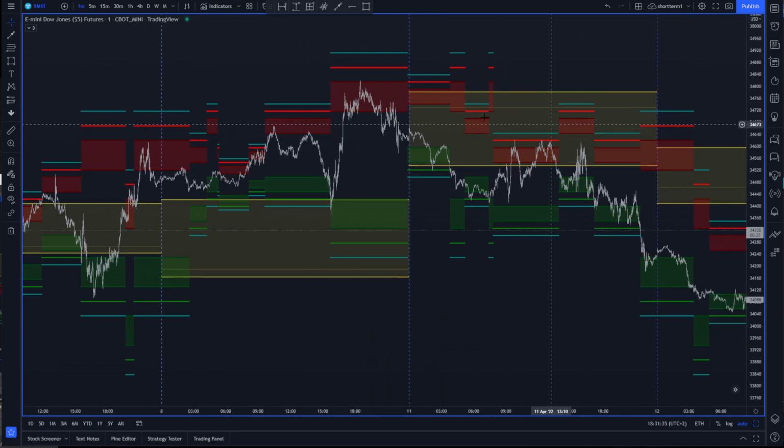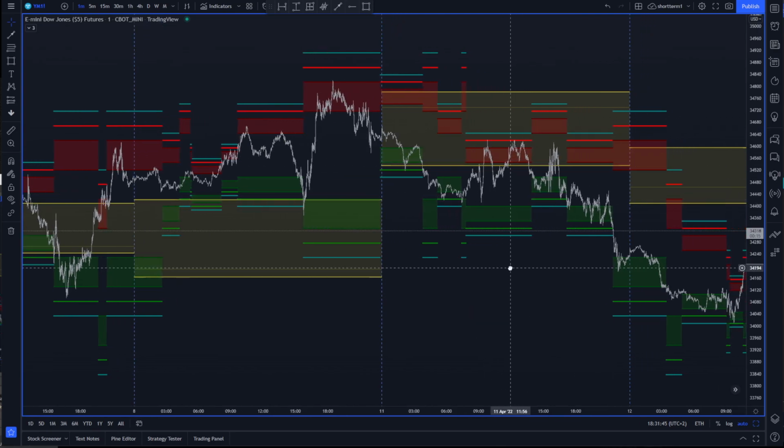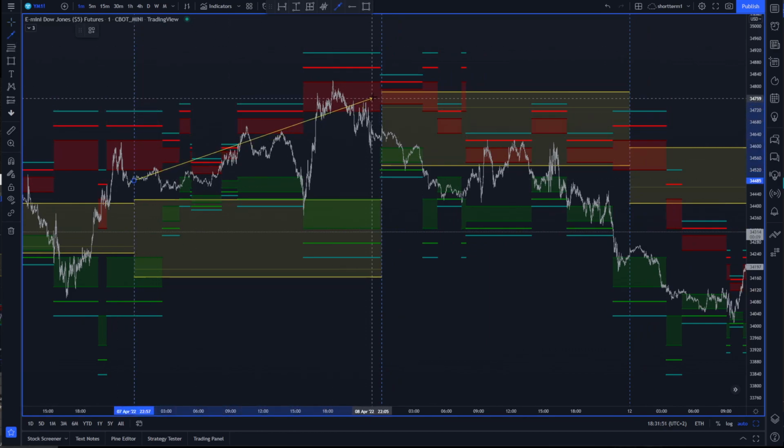This is the same day where the NQ was tough because you were trading against the trend, right? So look at this day. You had an up day, right? But the price closed inside of the value, right?